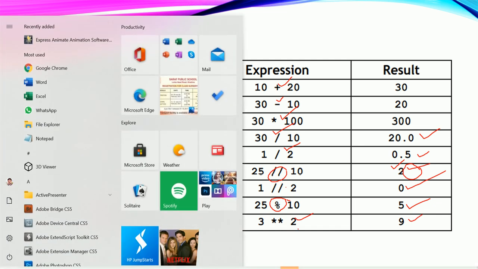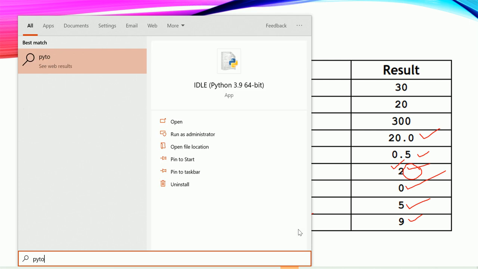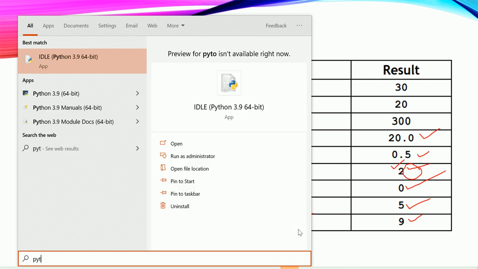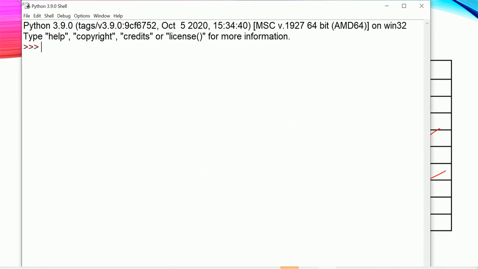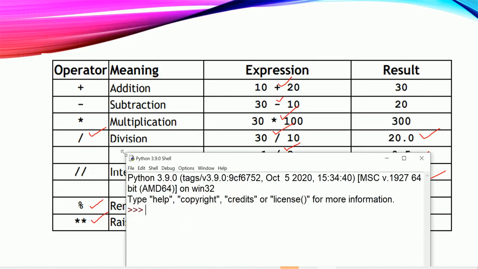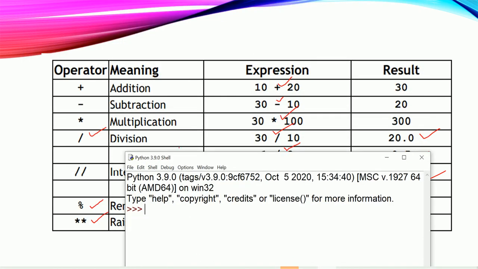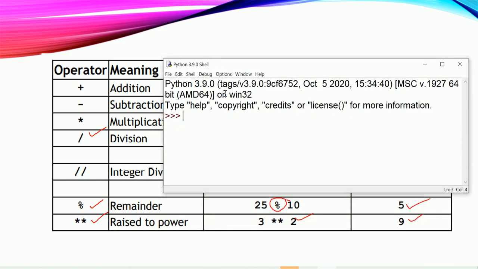So practically I will show you here. Now I will show you all this practically. For addition, use x equal to 10, y equal to 3. Addition: 10 plus 3, or you can use x plus y.